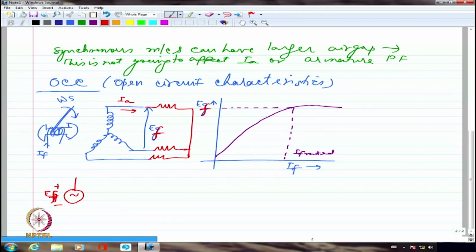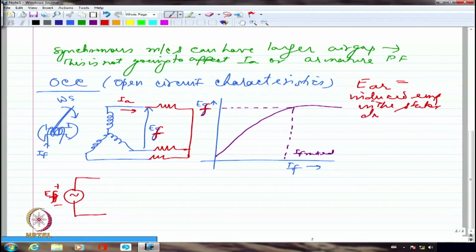So I have an induced EMF which I am showing as a voltage source EF. Now after this, I am definitely going to have one more induced EMF which is due to the armature current, which I may specify as some EAR. Due to armature reaction, the induced EMF in the stator is due to armature current itself.